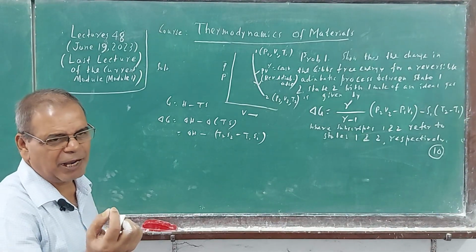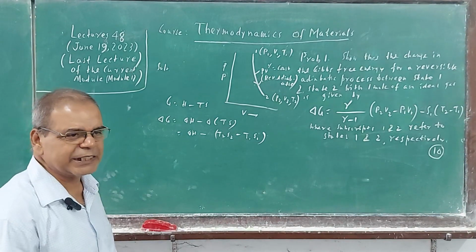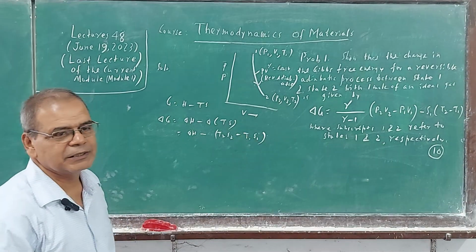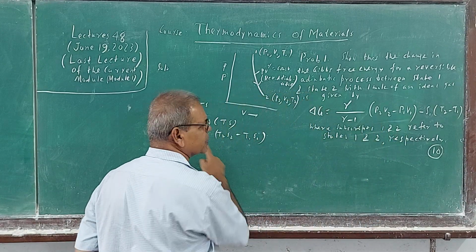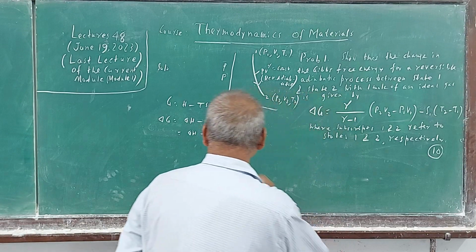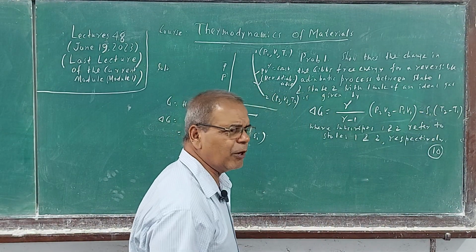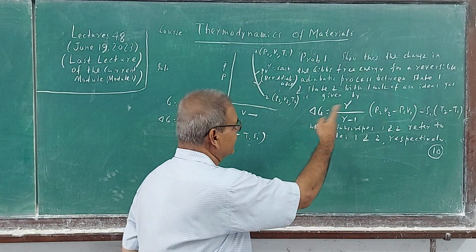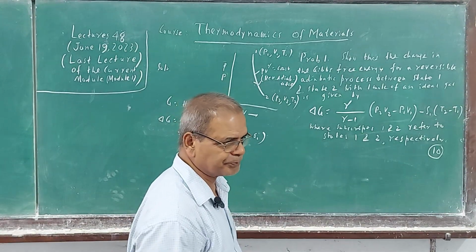This is the problem. 10 marks credit for this thinking that S1 is S2. Then the moment S1 is S2, this must be equal to this. No one can stop it. Then obviously delta H is delta U plus delta PV. This is 10 marks.